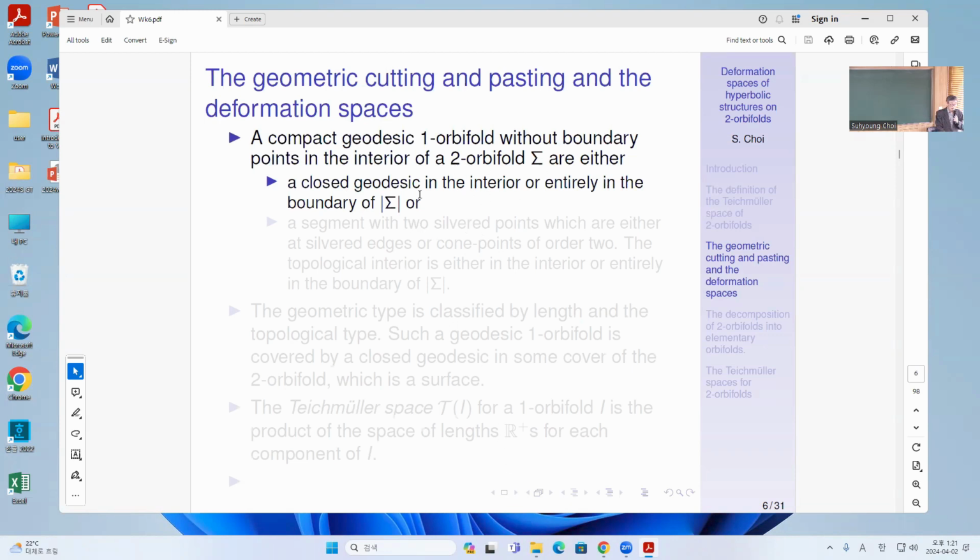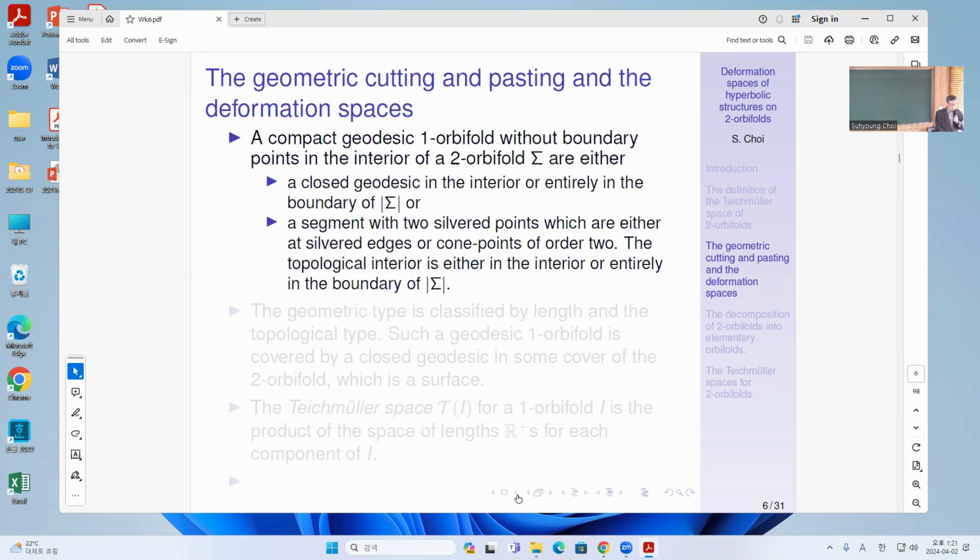So without any boundary points is just that case, or a segment with two silvered points, which are either at silvered edges or cone points of order two. So it ends at either a cone point of order two, or it could end at the silvered edge. Then these are entirely inside the interior of the orbifold, because these points are all interior points, not boundary points.